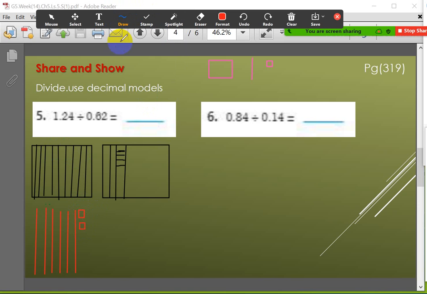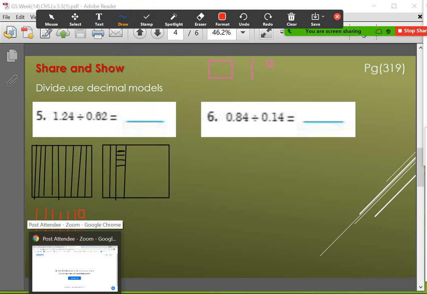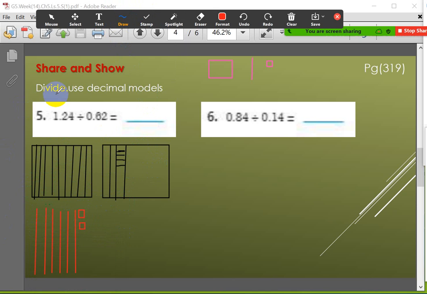So I have to divide the model by the divisor, which is here. Focus with me, Lana, now. The divisor here is 6 longs and 2 squares. Let's take 1, 2, 3, 4, 5, 6. Okay, I will take 6 longs, and the 6 longs, I will count here down. 1, 2, 3, 4, 5, and 6.